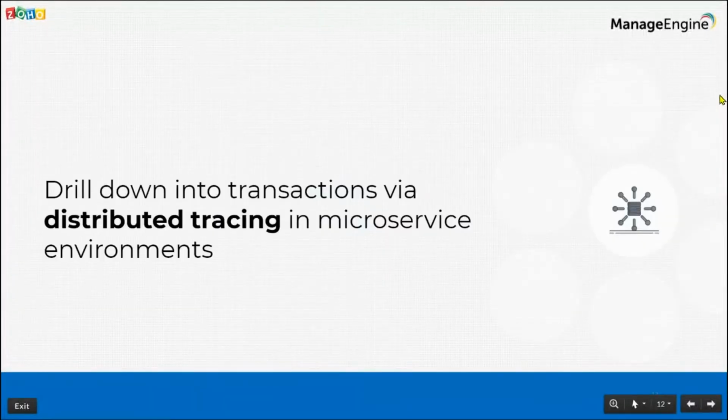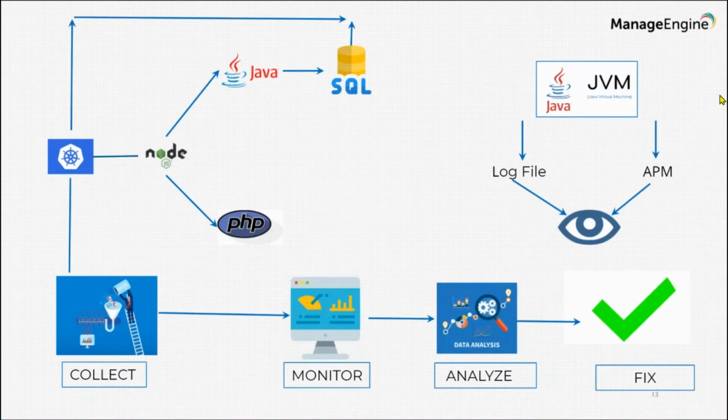Let's see the next topic for today: drilling down into transactions via distributed tracing in microservice environments. Before we talk about the microservice environment, let's take a real-time example. Our day-to-day life revolves around the applications we use.